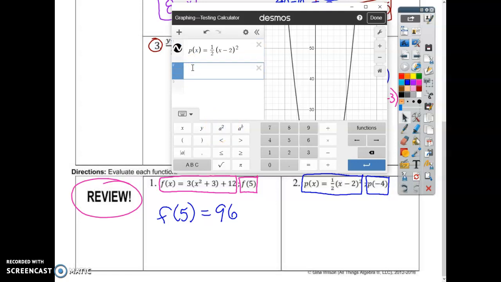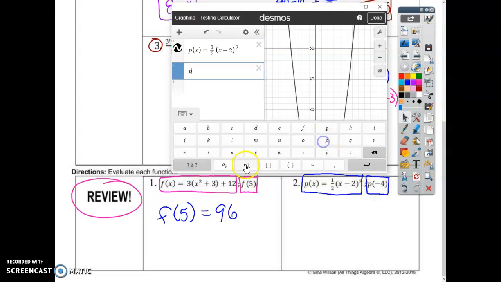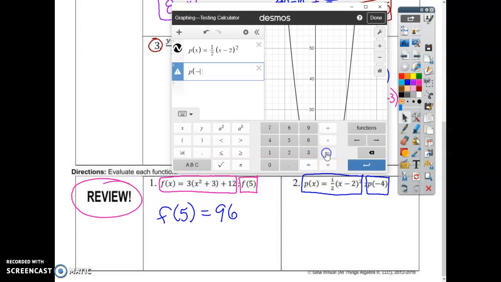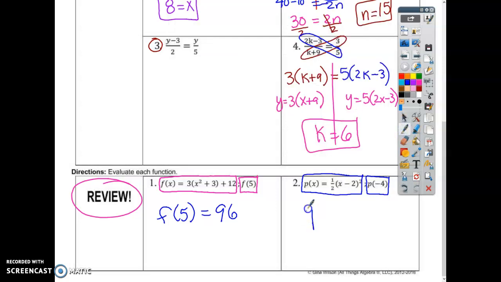The next line, you're going to type p of negative 4. So p of negative 4, close parentheses, is 18. So that's how you do those problems. They're going to be on the quizzes in just a little bit. So p of negative 4 equals 18.